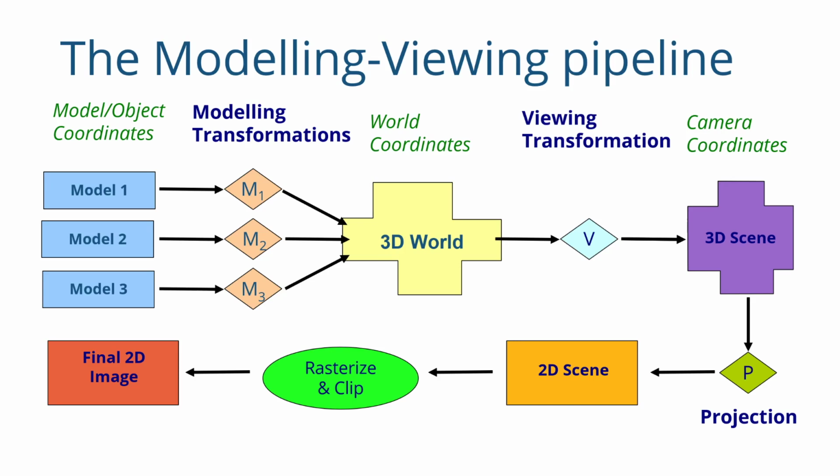Okay, so we have seen this part of the process, and what we are going to talk about now will actually let us figure out how to do modeling transformations and how to compose these transformations so that we can create this 3D world.